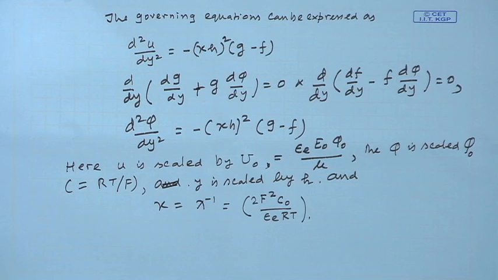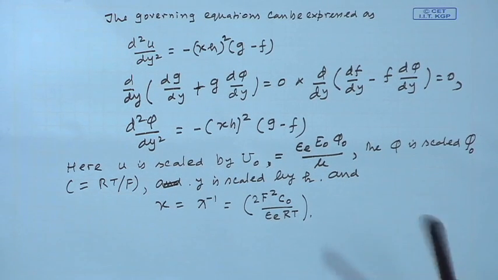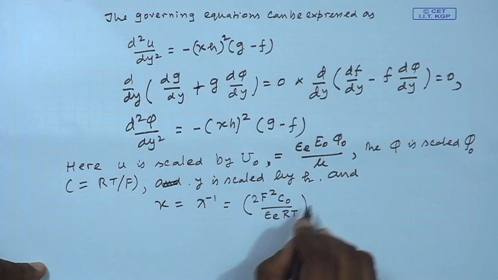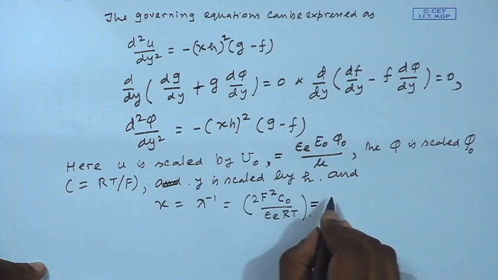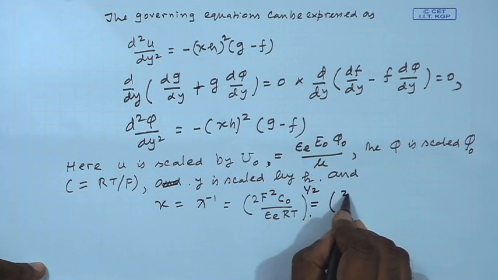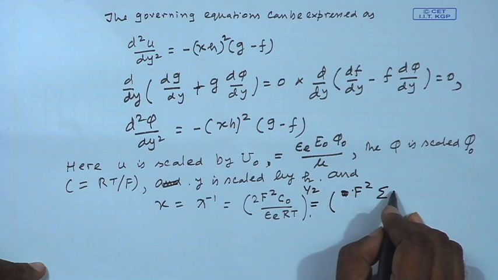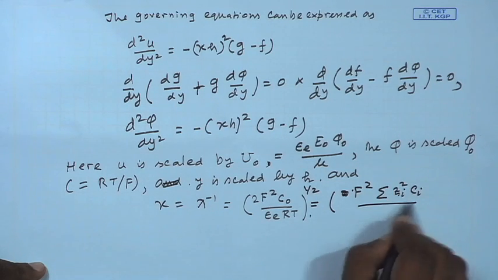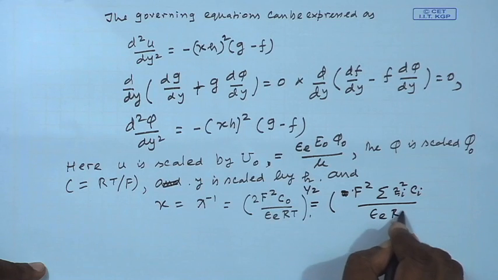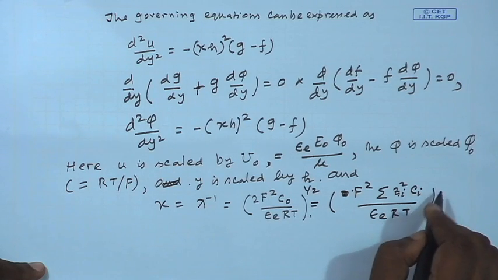Now, if it is not a binary electrolyte, in general kappa is F squared sigma z_j squared C_i by epsilon E RT, to the power half.